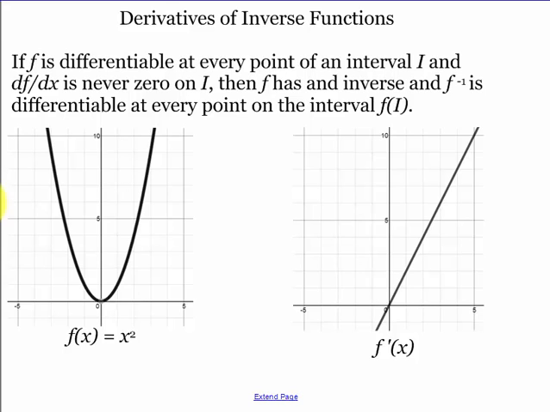so if f is differentiable at every point, and your derivative is never 0, then f has an inverse, and the inverse is differentiable at every point. There's also something that you need to look at. f of x equals x squared. Okay, this function is not 1-to-1.